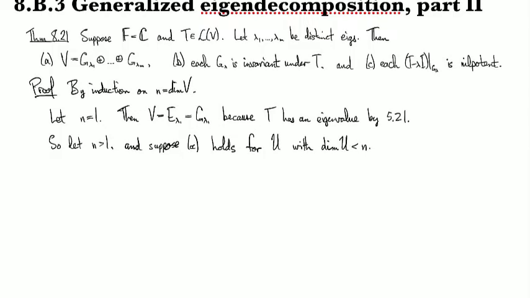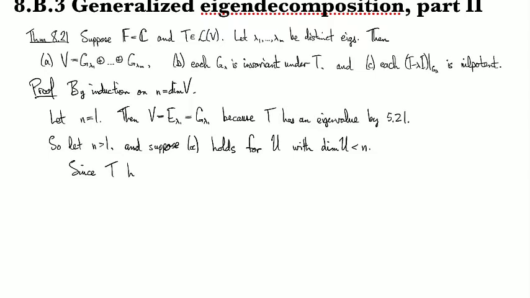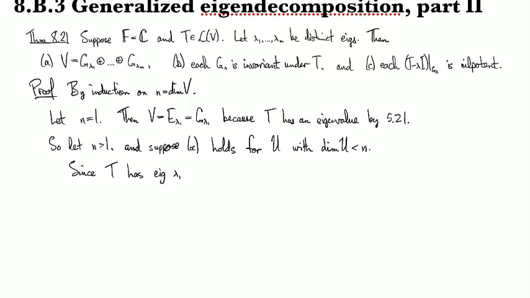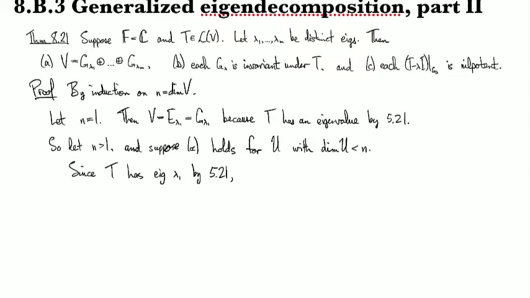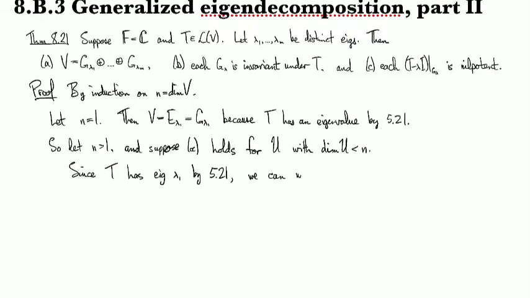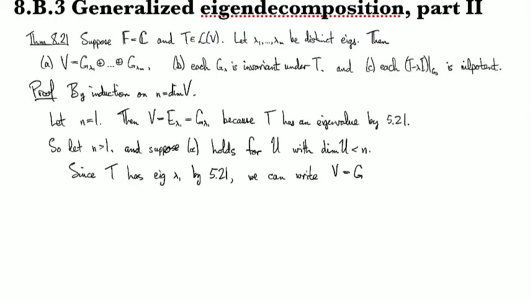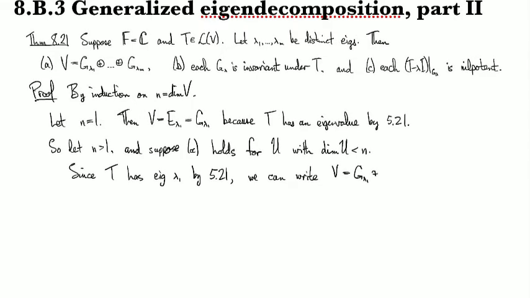All right, now since T has an eigenvalue lambda 1 by 5.20 again, we can write V as the generalized eigenspace for lambda 1 plus whatever else.